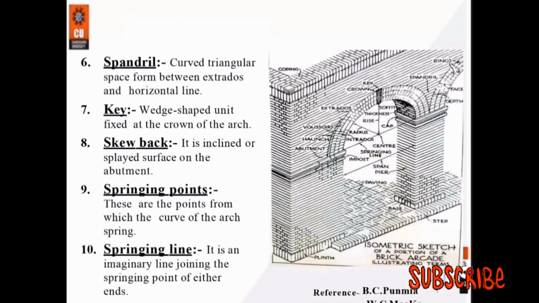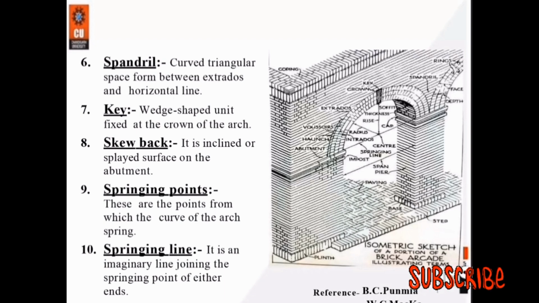Spandrel: the central, triangular space formed between the extrados and the horizontal line. This portion is called spandrel.